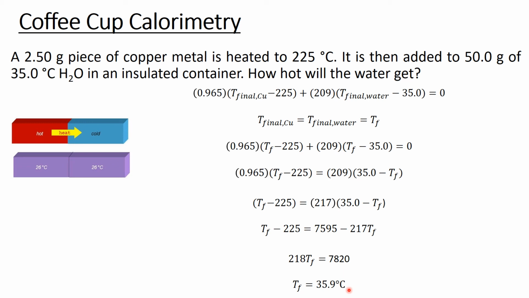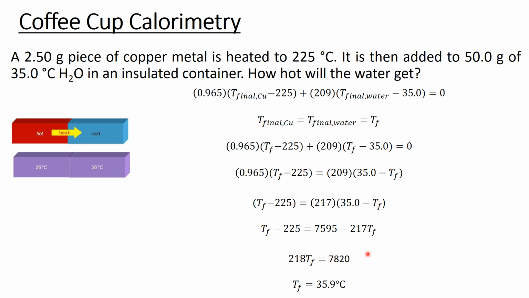The other check I want to do is I have 2.5 grams of copper and 50 grams of water. The specific heat of copper is very low and the specific heat of water is very high. So I have a greater mass and a greater specific heat of water, so that means that it takes more energy to raise the temperature of water than it does to raise the temperature of copper. So I should expect the temperature of the copper, since it's a good conductor, to change a lot, and the temperature of the water not to change very much.